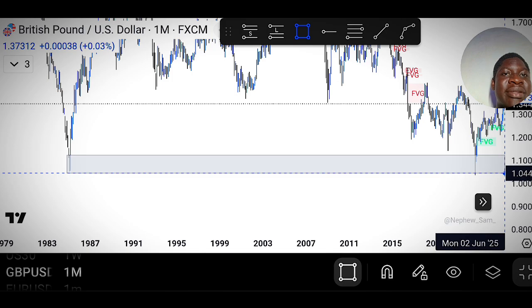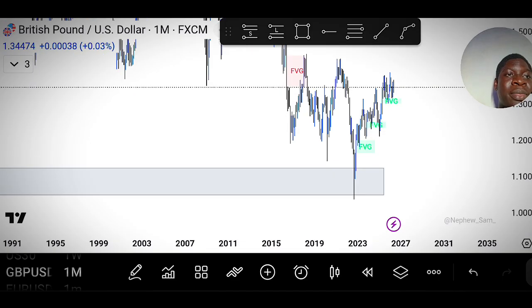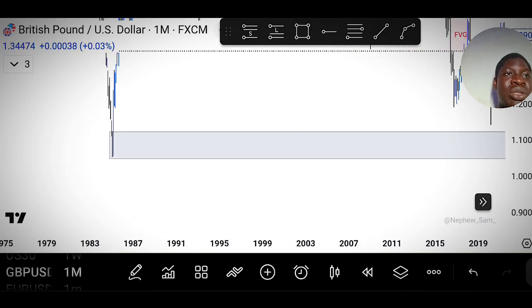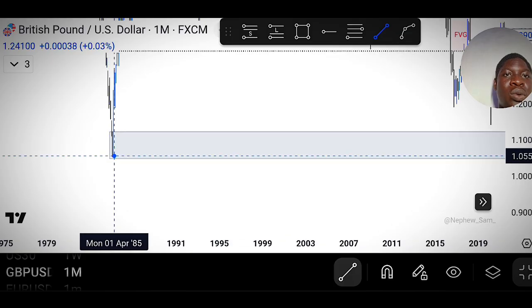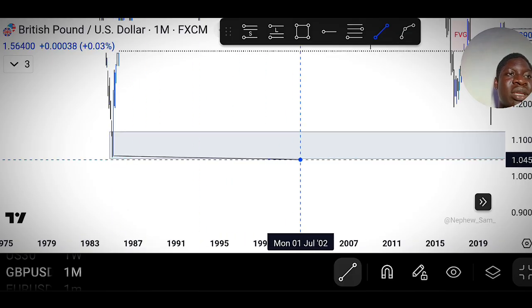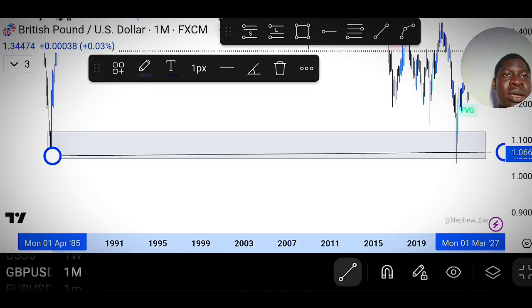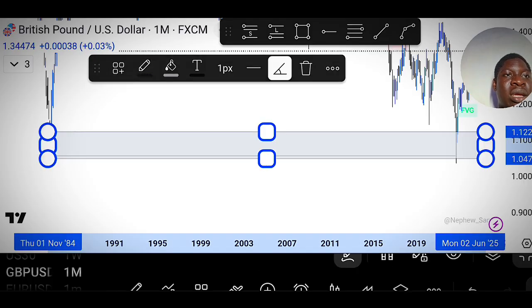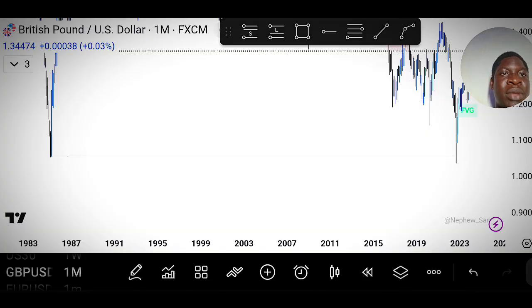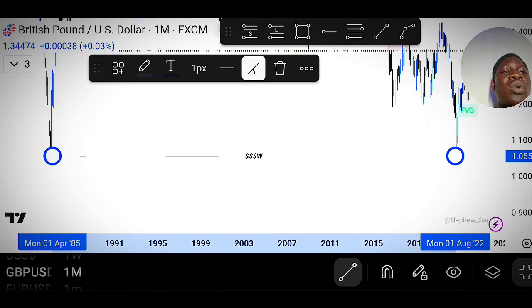We can see a sweep at that area, where the market swept this low, this protected low. We can call this area a sweep of liquidity. That's not a break of structure. That's what we call a sweep of liquidity.